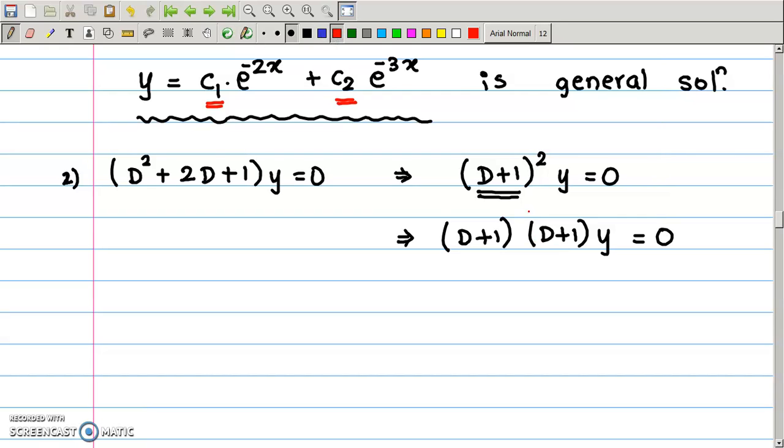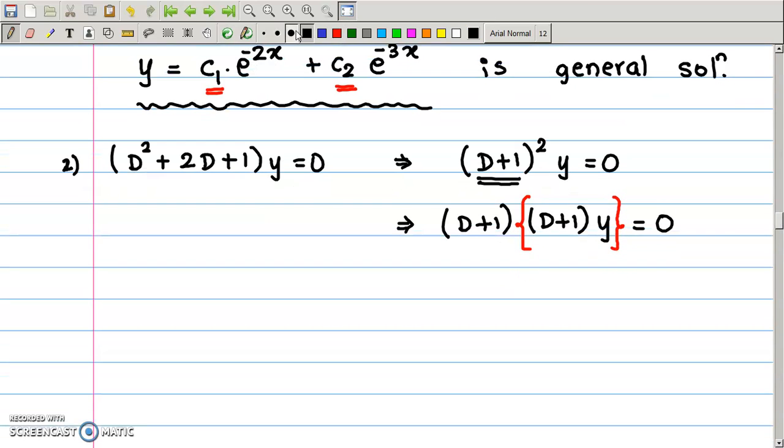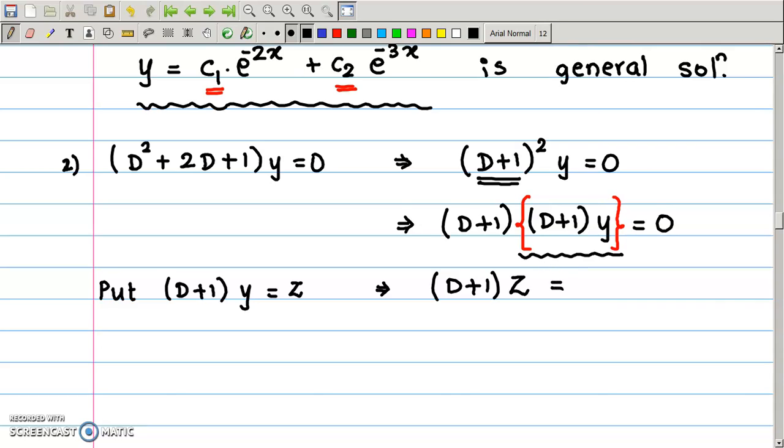Now, to simplify, we use a substitution. Let this (D + 1) y be equal to some other variable. So we put (D + 1) y equal to z. This implies your differential equation now reduces to (D + 1) z equal to 0.